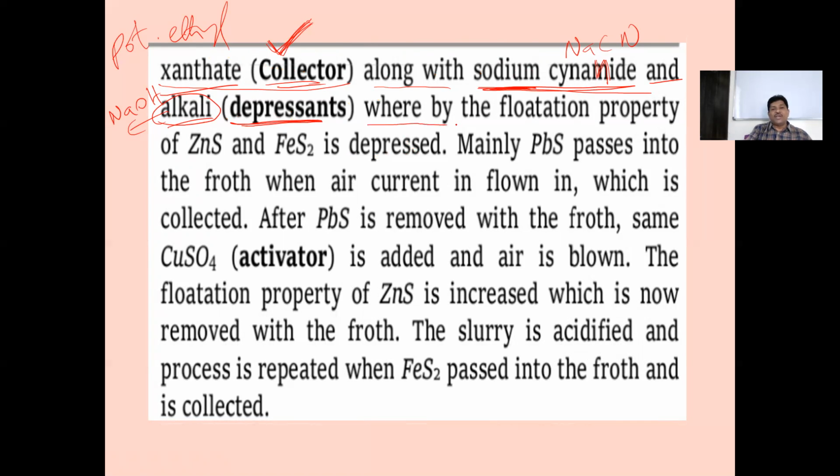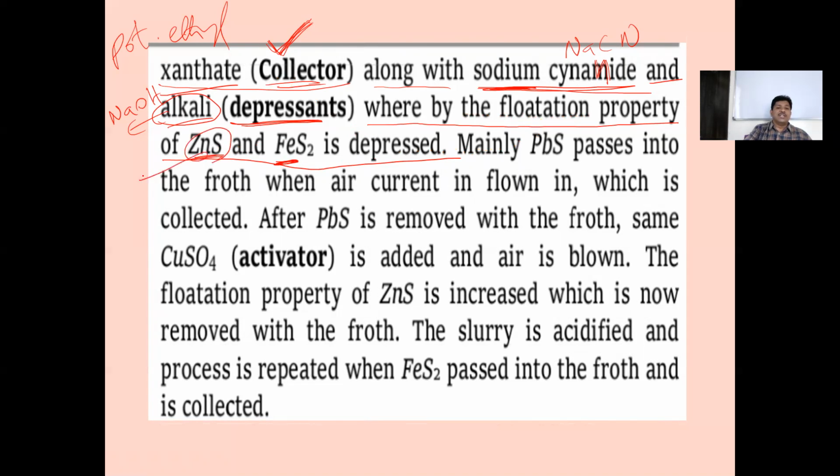So the flotation property of ZnS and FeS2 is depressed here. Only PbS will be collected to the surface. And what will be depressed to settle at the bottom? ZnS and FeS2 will be settled at the bottom.